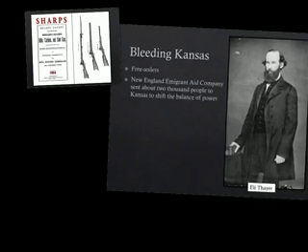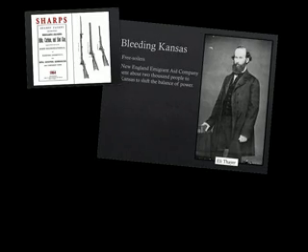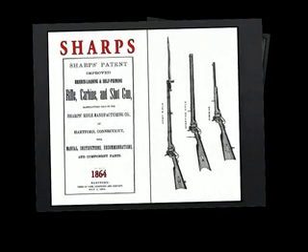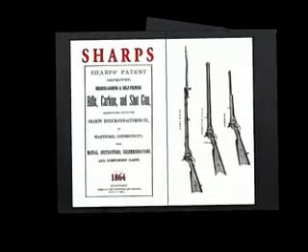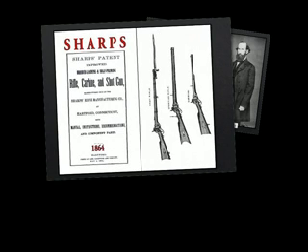Because of the issue of popular sovereignty, with people being able to vote in Kansas for or against slavery, abolitionists of the Northeast tried to populate the Kansas soil with free soilers, but it was also a popular cause for Missourians to cross over, and this leads to all kinds of problems in Lawrence. Even still today, some of the rivalries between Kansas and Missouri come from this time period.